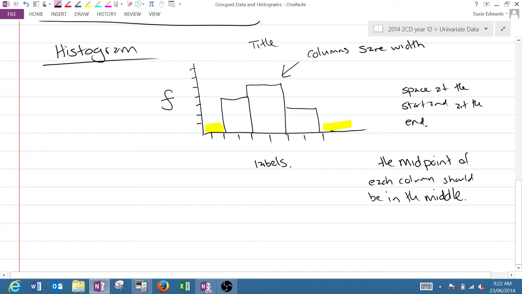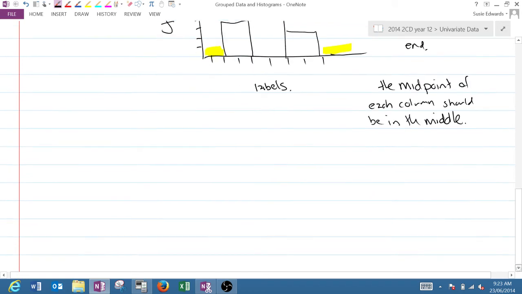I'm typing, so don't talk. That's okay. Alright, so midpoint of each column should be in the middle, and that's really important. We have to label those midpoints, okay? So in the middle of each column. That makes our histogram really easy to be able to do.